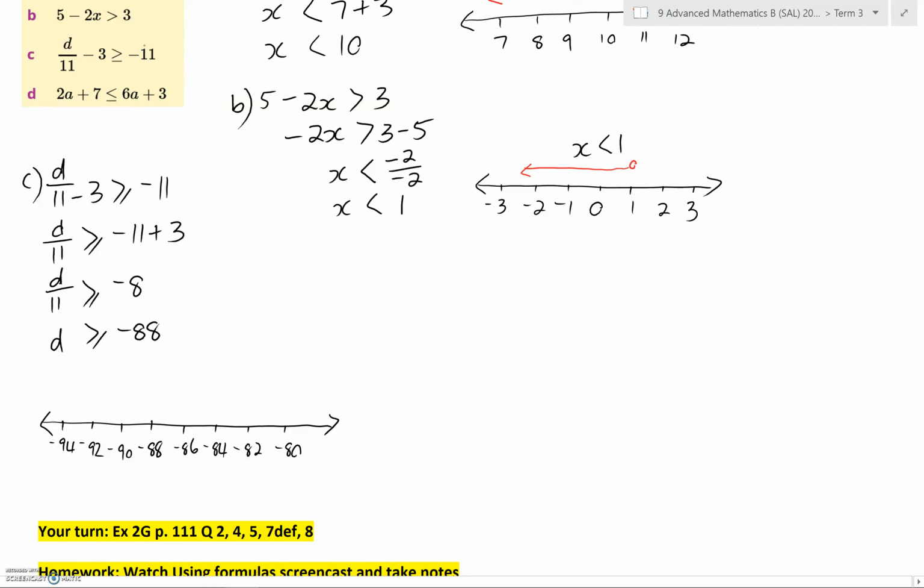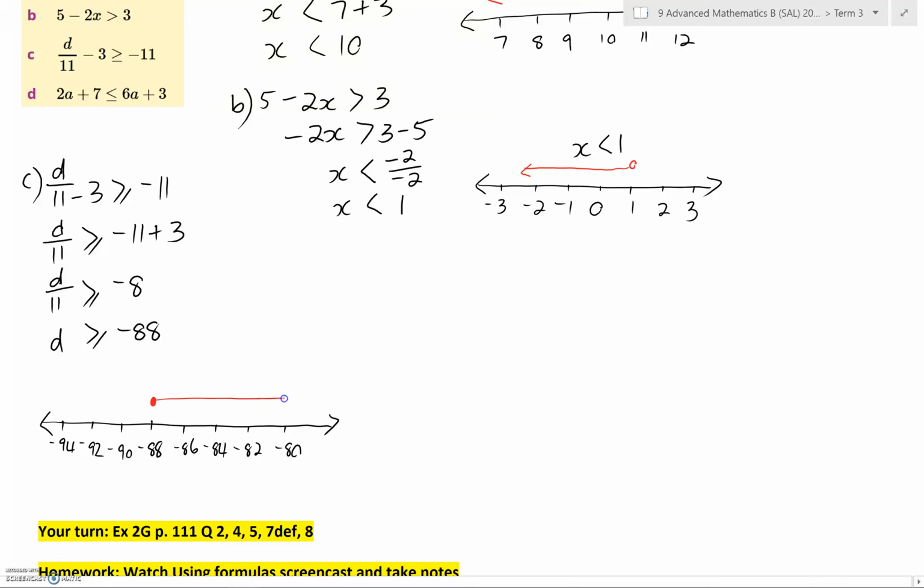Okay, now d greater than or equal to negative 88. So negative 88 is our starting point and it is a closed dot, closed circle, because we want that number as well. And we want all of the numbers above that.